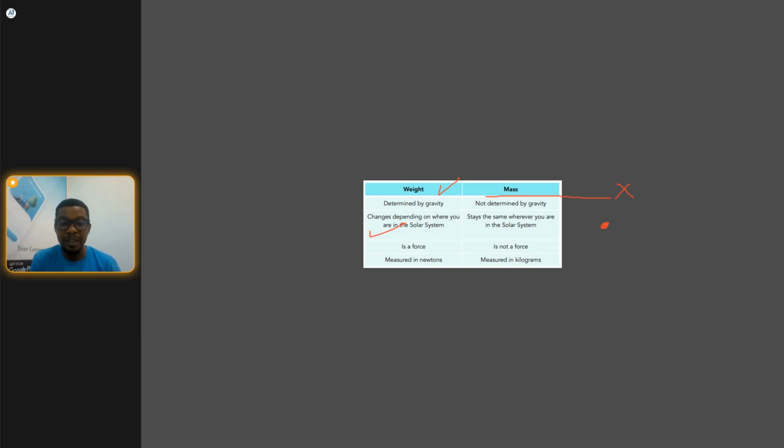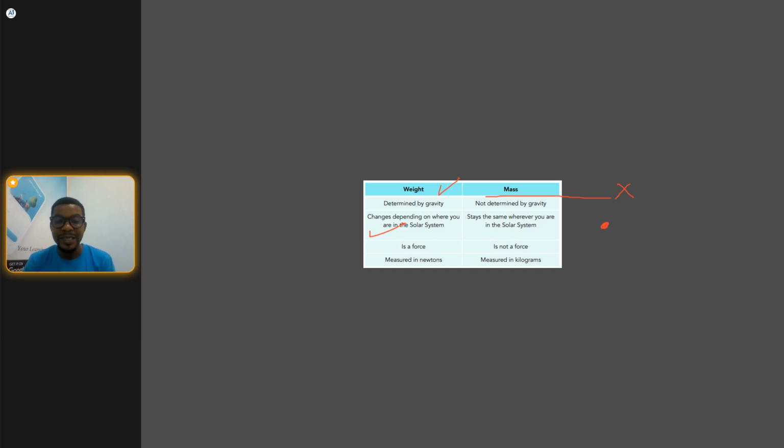If you're on Earth, your weight is different from where you are on the moon. Are you getting it? Because the solar system consists of the Earth and other planets. So my weight on the Earth is different from my weight on the moon. So they change based on the location in the solar system.